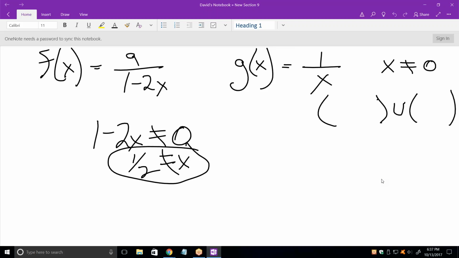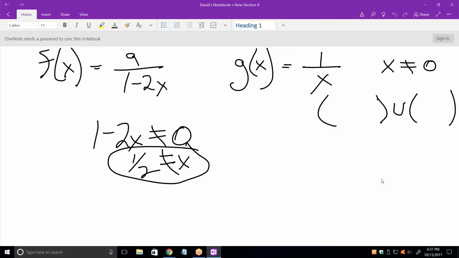Now, what goes in the parentheses? You would have all the real numbers, right? Remember, there are 3 or 4 different ways to explain domain, but when they say they want interval notation, there's only one interval notation. What goes in the parentheses on the left?